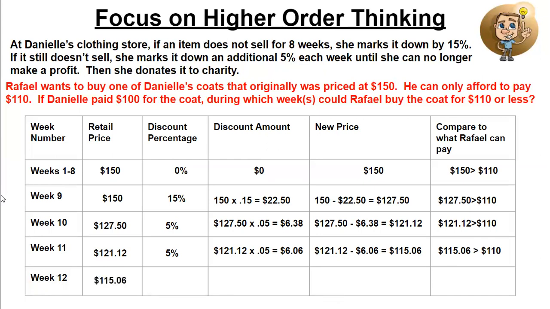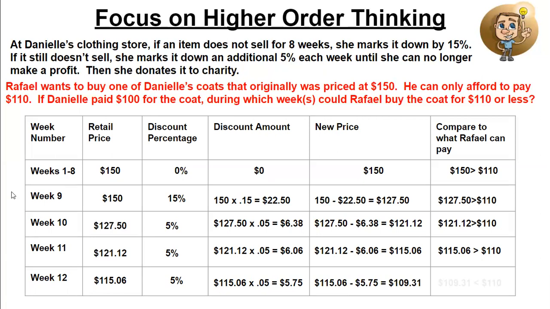Now the price is $115.06 at the beginning of the week. She's going to discount it 5%. $115.06 times 0.05 is equal to $5.75. So $115.06, the price, minus the discount of $5.75 equals $109.31.